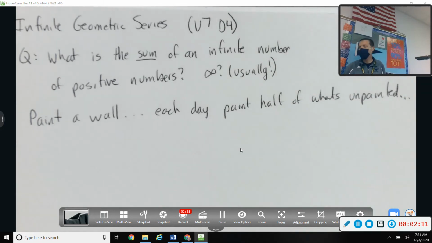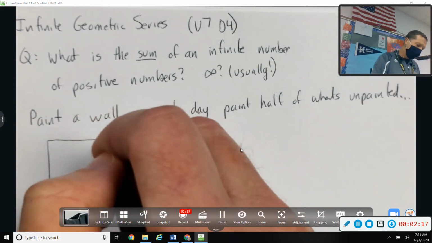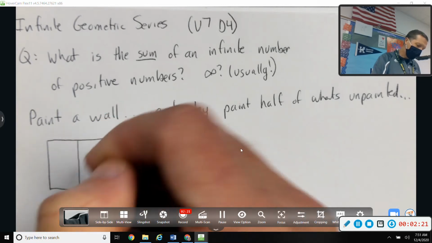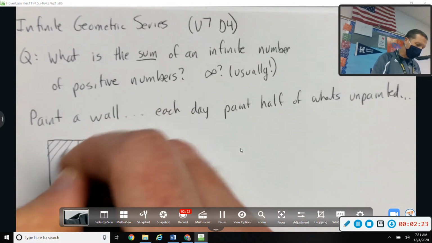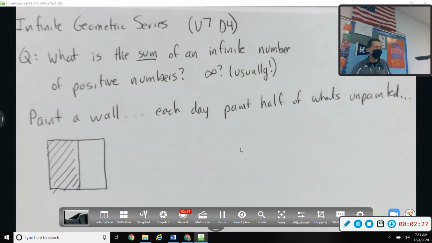So we decide to paint a wall. Day 1, we're going to paint half of it. Let's draw some pictures here. Here's our square wall, just to make life a little easier. So day 1, why knock it out in one day? Let's get tired. Let's stop after one day. Well, will you?